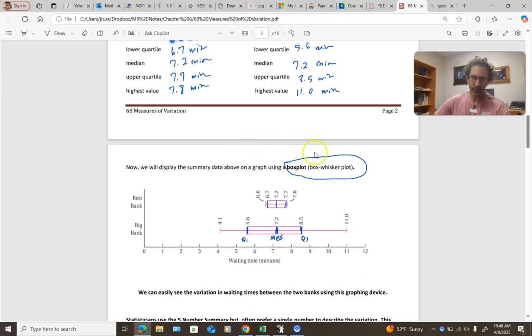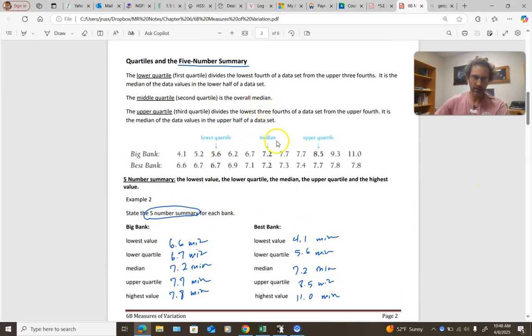So if you remember, we just finished looking at this 5-number summary. We'd also talked about how the range can be used as a metric to try to quantify the variation in a data set, but how, depending on the data set, it could be very deceptive.